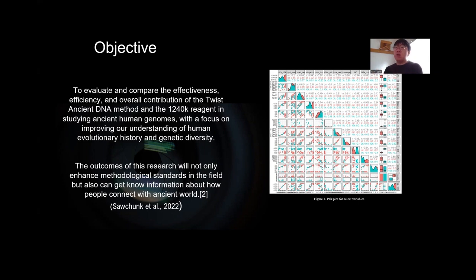The insights will aid in understanding major demographic events, migration patterns, and genetic underpinnings of ancient human populations. In conclusion, this comparison study aims to identify the most effective and efficient method for right now. Maybe I will have some new method in the future, but right now we find a better one, advancing our knowledge of human history and evolution.